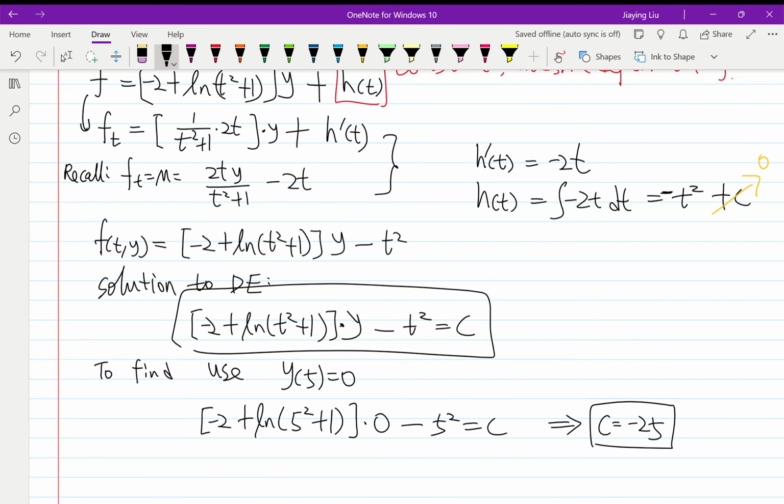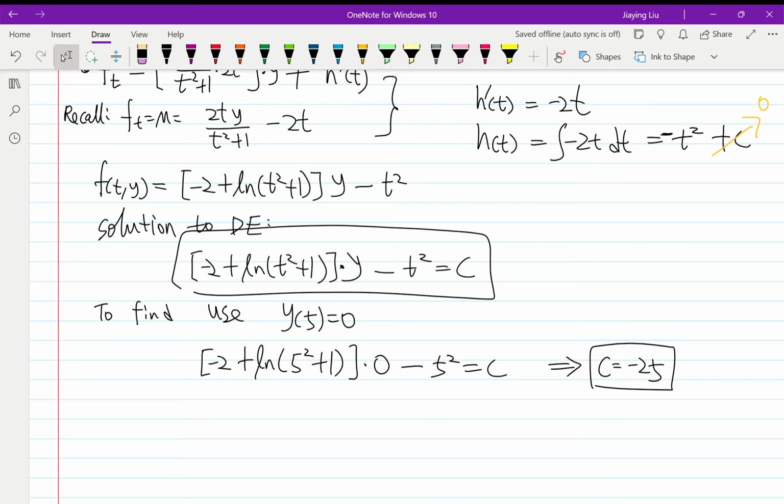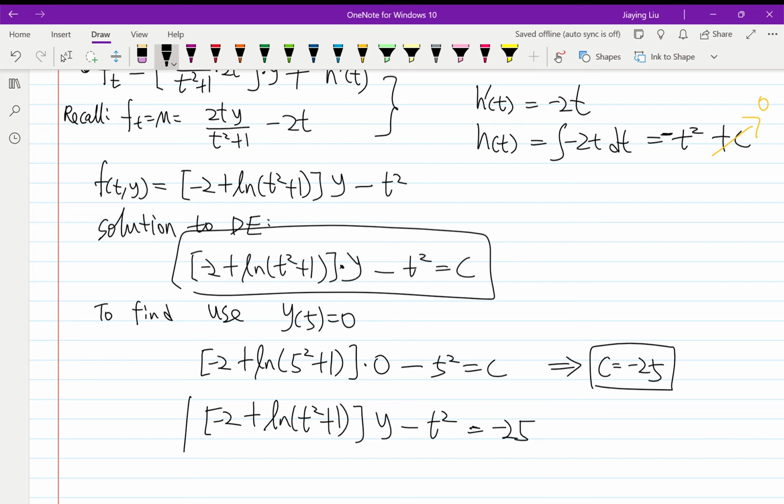Any questions? So let me write down the actual solution, which is (-2 + ln(t² + 1)) y minus t² equals negative 25. You probably think, is this the implicit solution or is it explicit? Well, can we rewrite it? I'm going to try to solve for y, and see if I end up with troubles.